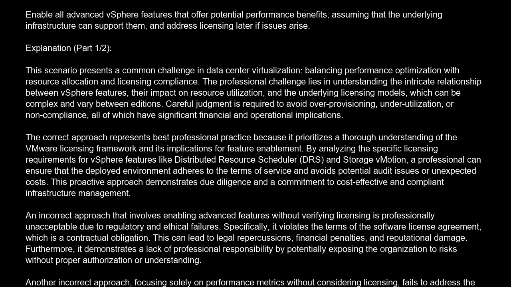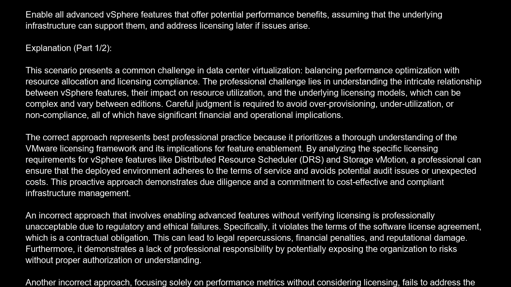The professional challenge lies in understanding the intricate relationship between vSphere features, their impact on resource utilization, and the underlying licensing models, which can be complex and vary between editions. Careful judgment is required to avoid overprovisioning, underutilization, or non-compliance, all of which have significant financial and operational implications.